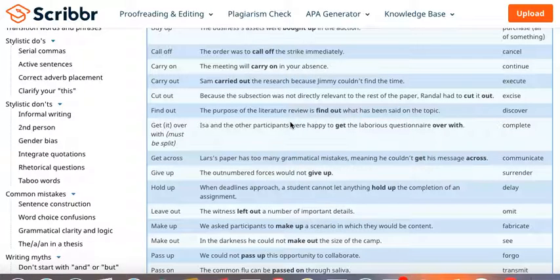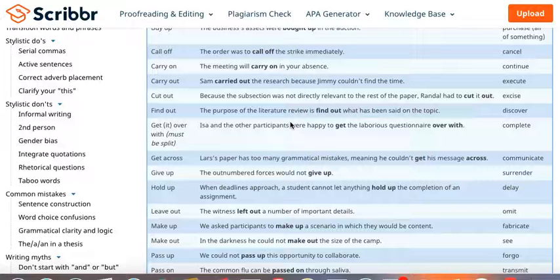Next one. Find out. The purpose of the literature review is to find out what has been said on the topic. That's a mistake. It should be the infinitive.